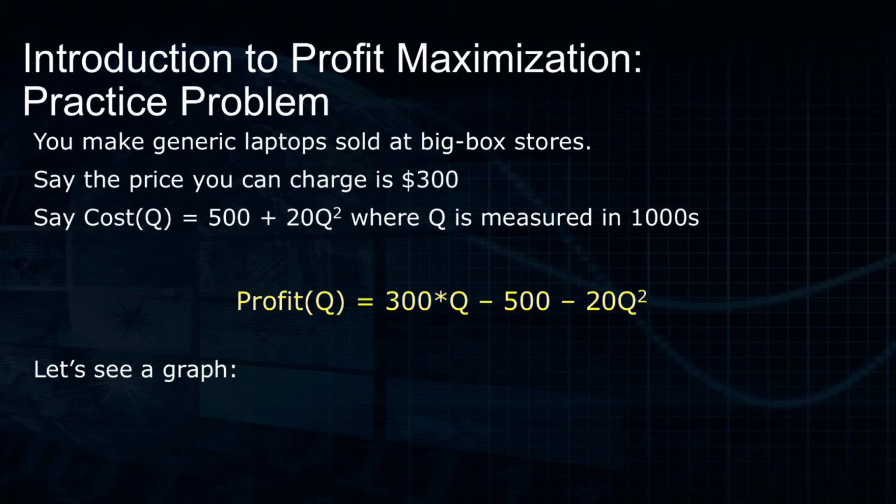Let's go back to our laptop example. Let's suppose that our cost function is 500 plus 20Q squared. Creating the profit equation based on that cost function, we'll take our price of $300, multiply that by Q, which gives us our revenue, and then subtract off the cost.